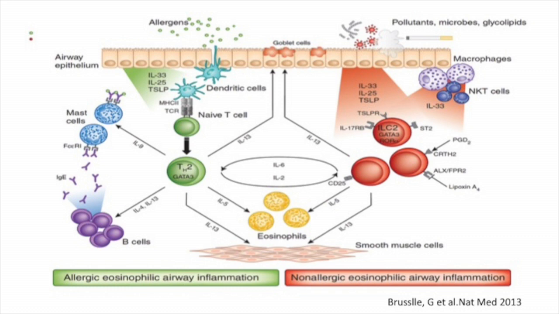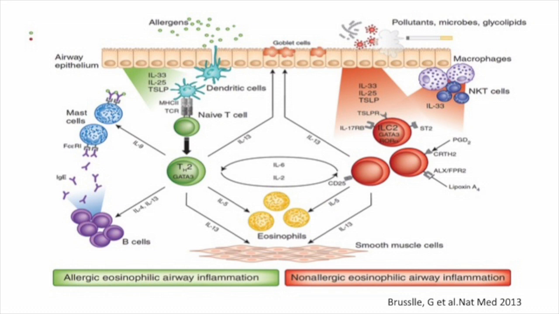But we've now got this other pathway which is equally important, where things like pollutants, microbes and glycolipids, it's just off the screen there, do not rely on IgE. They bind to pattern recognition receptors, cause the release of these molecules called alarmins. They stimulate this new group of cells and then come down by non-allergen mechanisms to also cause eosinophilic inflammation.